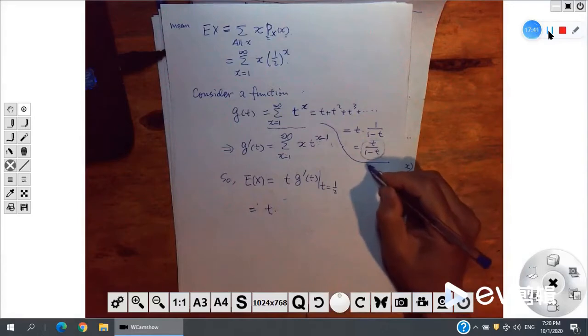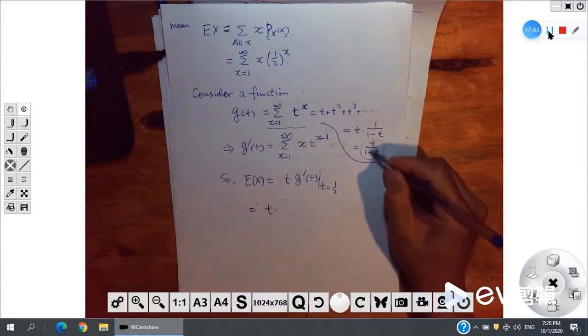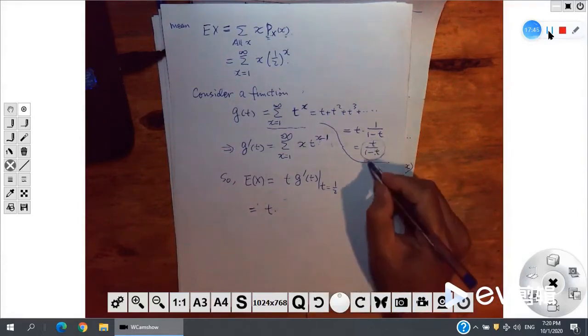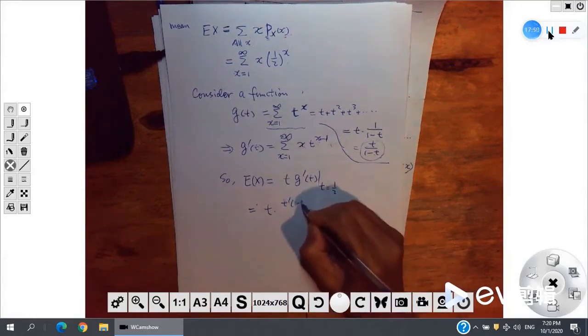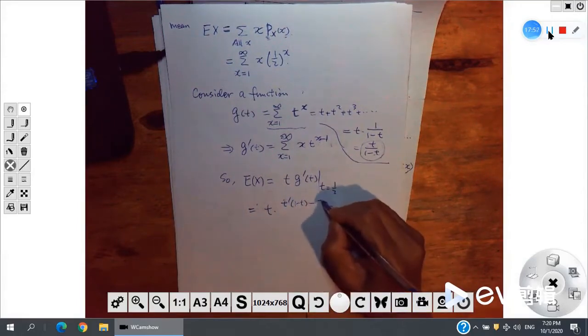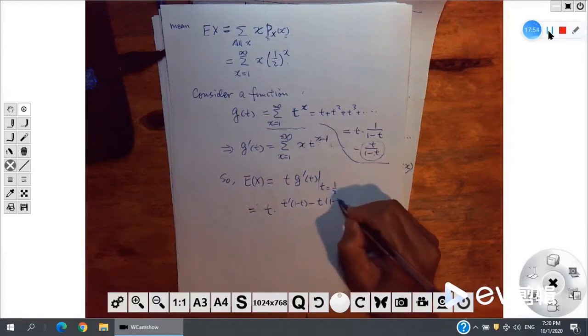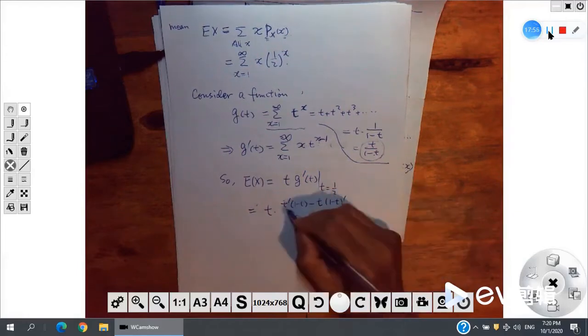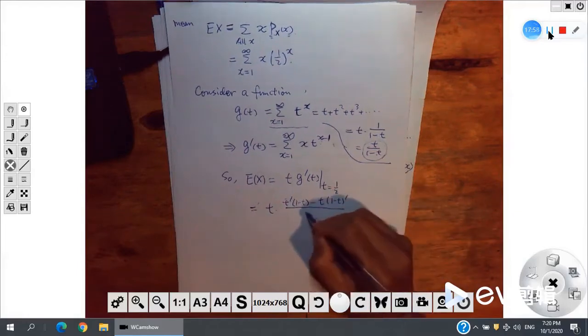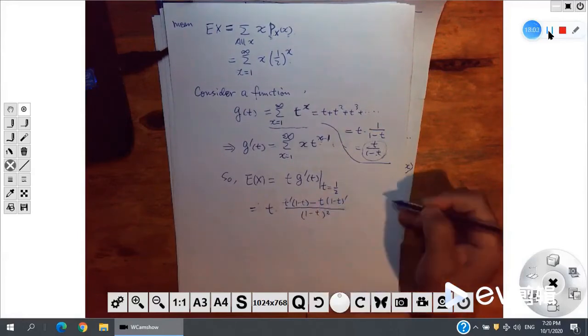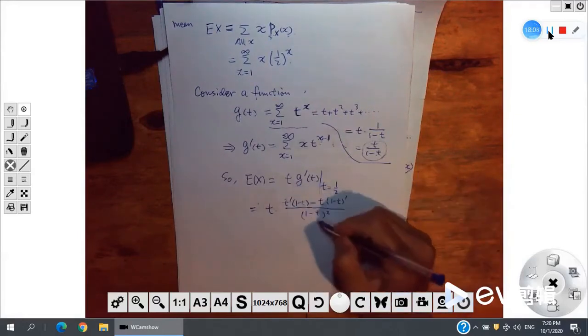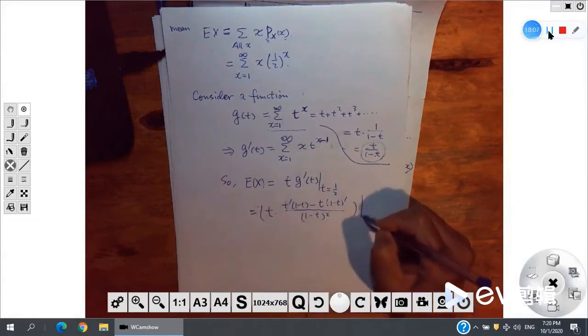Remember, this is a fraction. We take the derivative: the numerator's derivative times the denominator, minus the numerator times the derivative of the denominator, over the denominator squared, which is 1 minus t squared, right? This is g prime, and t is 1/2.